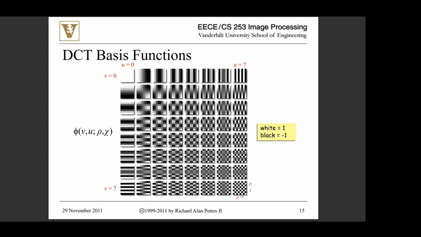And for every combination of 0 to 7, what we have is a kind of wave. So for instance, here, you see 0, 0 is no oscillation. It is the same as in the Fourier transform. K equal 1 is just one cycle in your image.